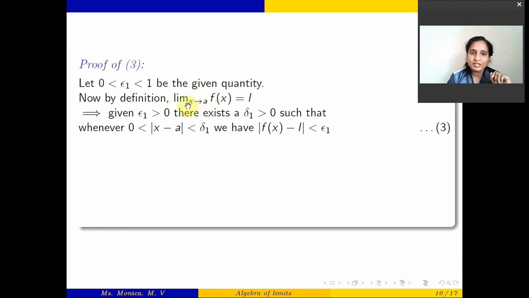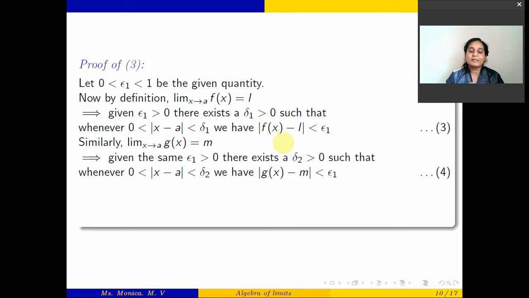Now, by definition, since the limit as x tends to a of f of x is equal to L, given this particular epsilon, I can find a particular delta 1 such that whenever mod x minus a is greater than 0 and less than delta 1, the distance between f of x and L, mod f of x minus L, will be less than epsilon 1. For this particular epsilon 1, I could find a delta 1 which satisfies this condition.